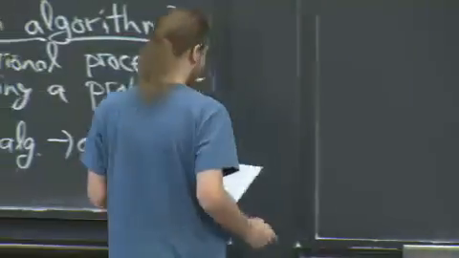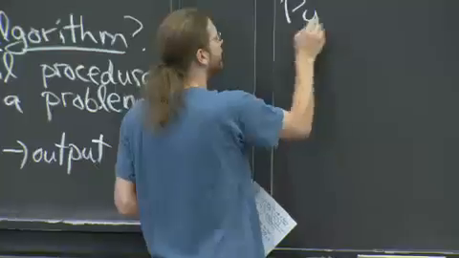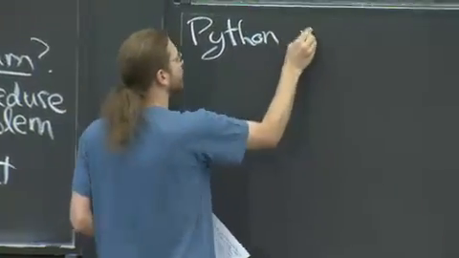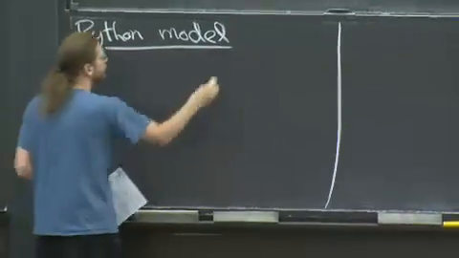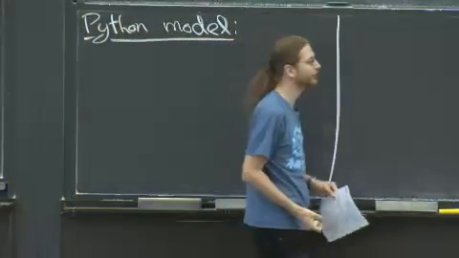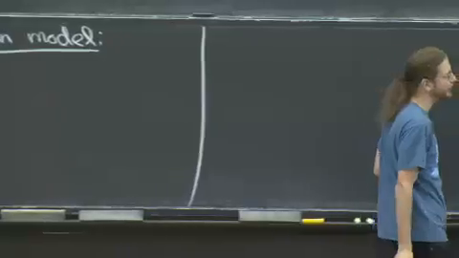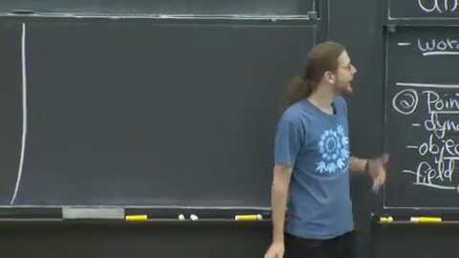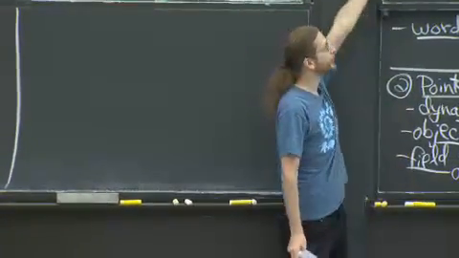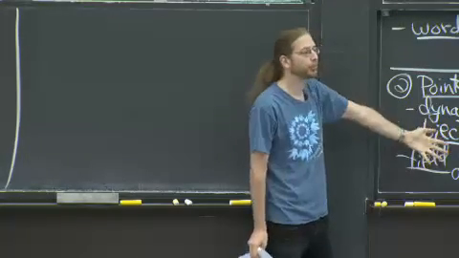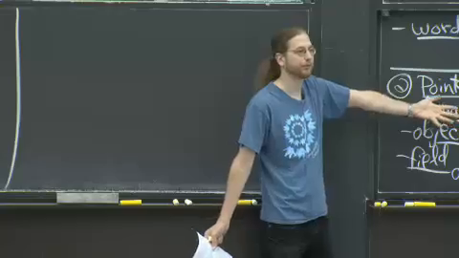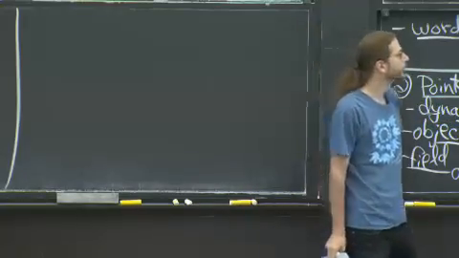Python is obviously much more recent, at least modern versions of Python. And it's the model of computation in some sense that we use in this class because we're implementing everything in Python. And Python offers both a random access machine perspective because it has arrays, and a pointer machine perspective because it has references, because it has pointers.